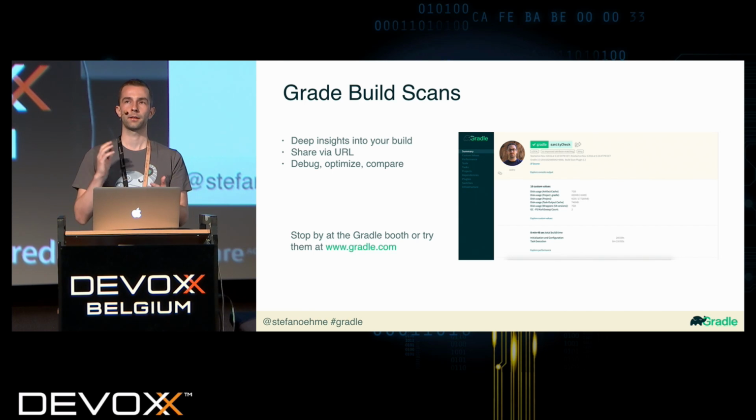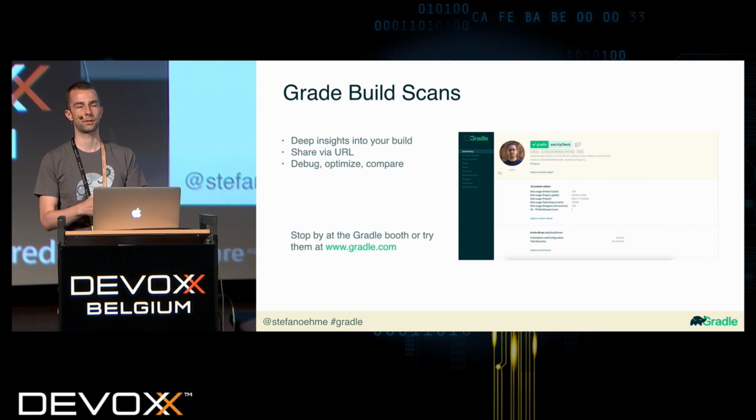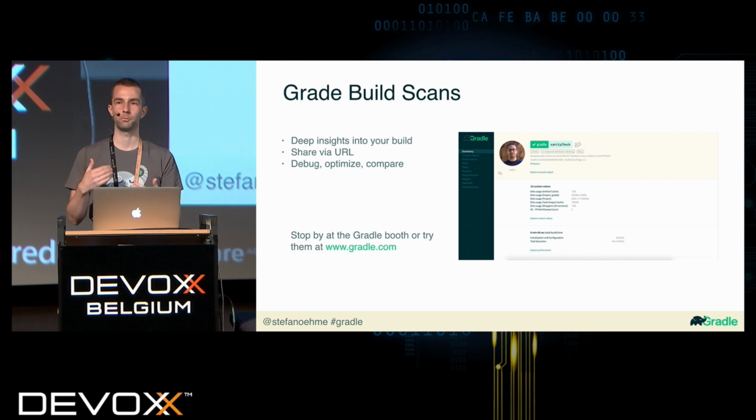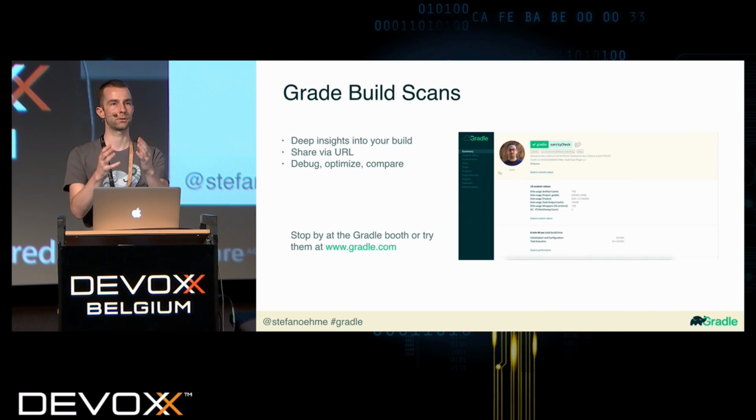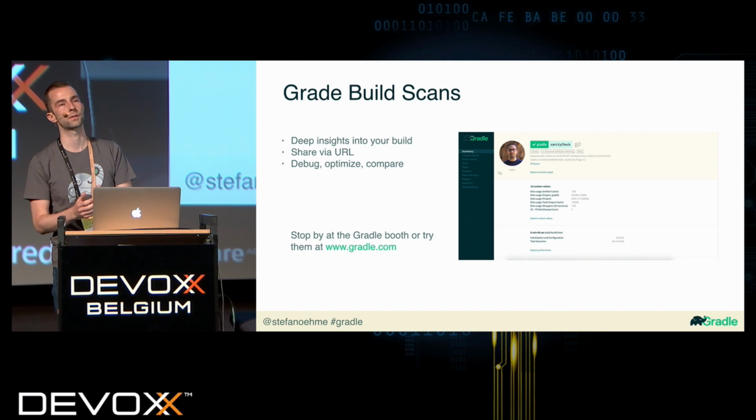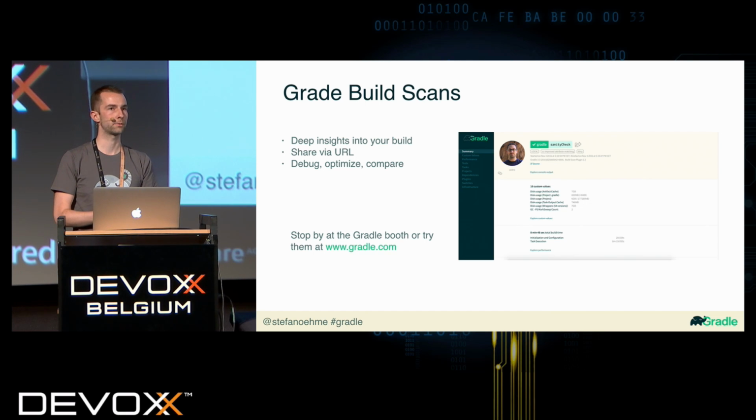It takes all the things that happened inside your build, like the tasks that were executed, how long they took, which dependencies were resolved, how long that took, which plugins were used, which Gradle version, which platform you build on, and so on, and makes that available to you as the build master by uploading it to a central server. So you see all the CI builds, all your local developer builds, everything that happened in your organization, and you can analyze that and make decisions. For instance, you see, oh, my developers are calling clean all the time.